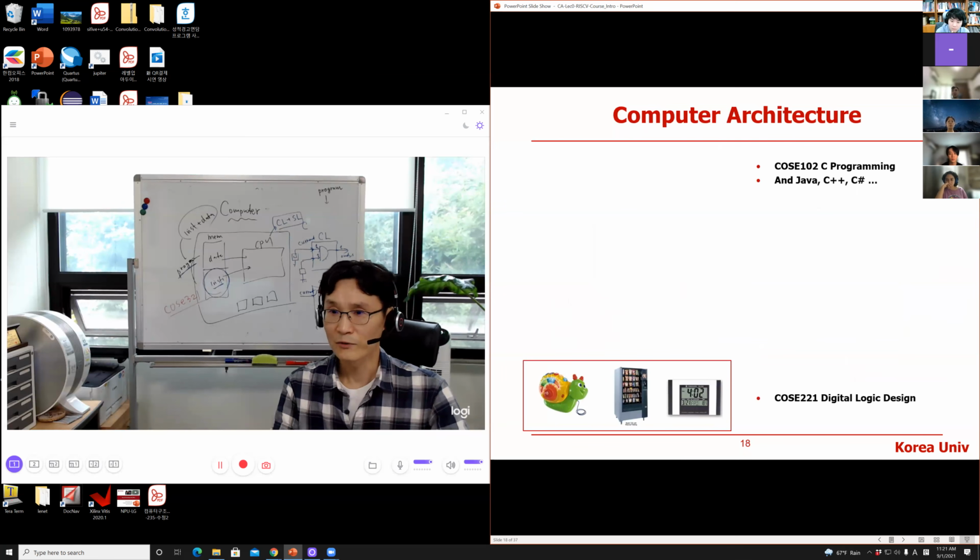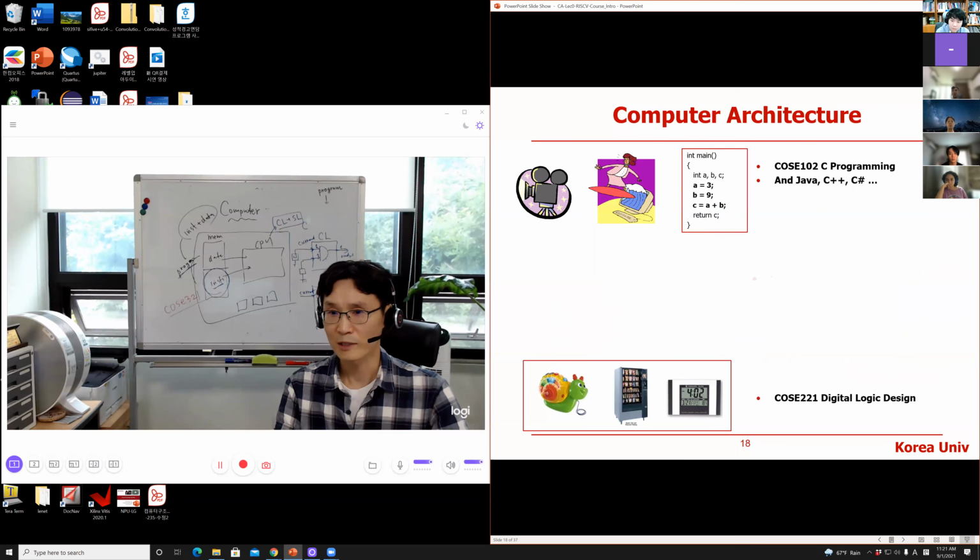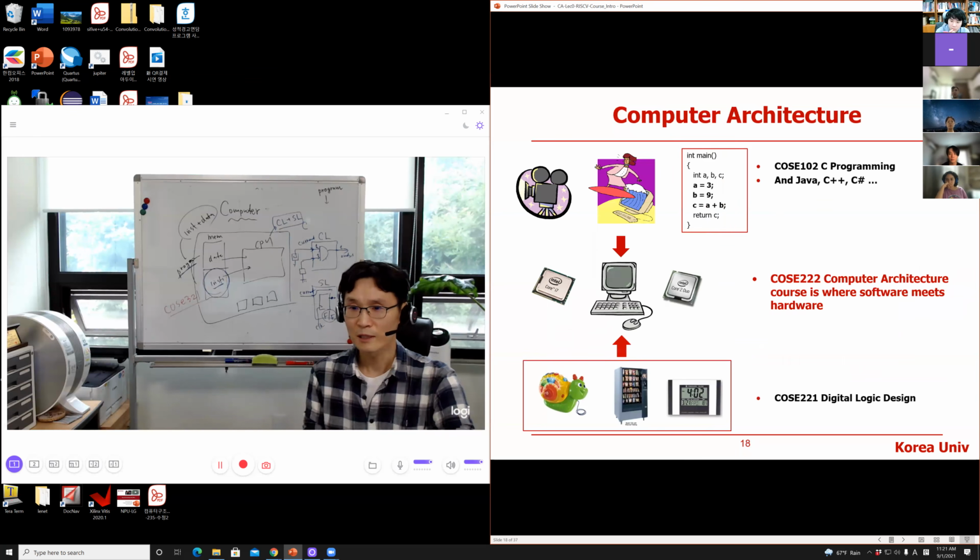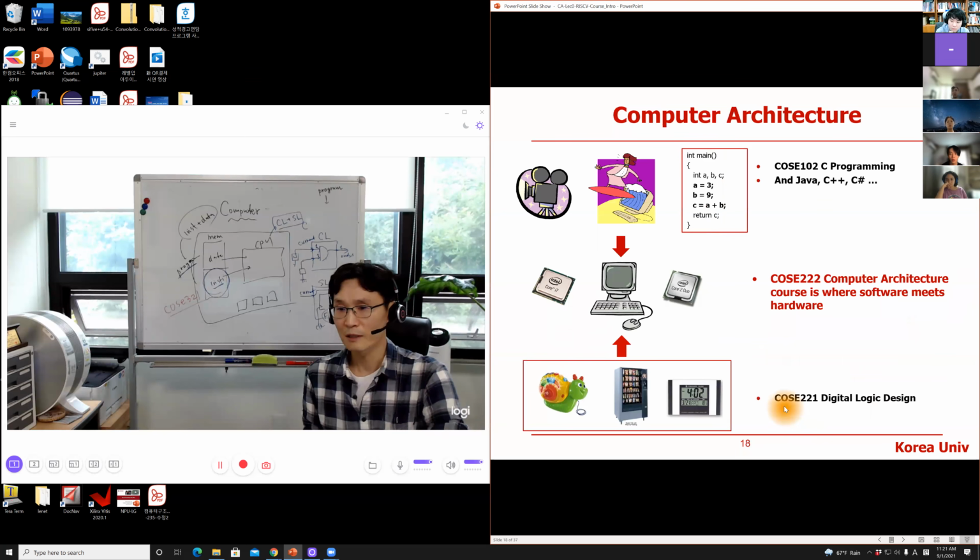Not this Intel complicated one. And here is another view of the computer architecture class. Look at this. Here again, the digital logic design course uses combinational and sequential logic. You can design these toys, right? And last year, when you were a freshman, you studied C language, Java, Python, and so on, right?